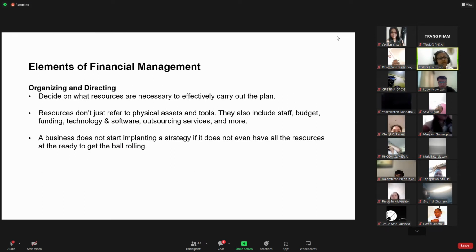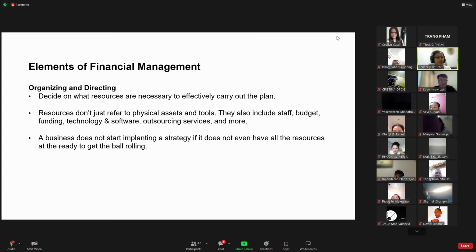Then in terms of organizing and directing, you have to organize your resources and decide how you are going to direct or allocate responsibilities, right? Resources are not only physical resources. This includes staff as well.